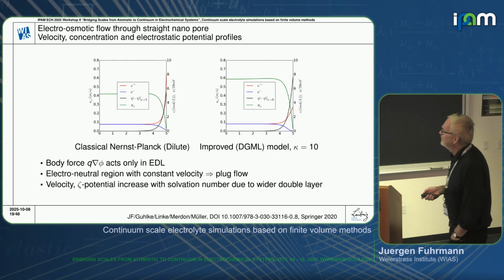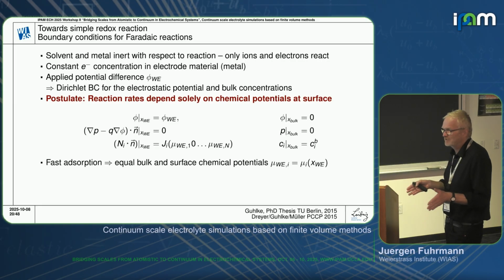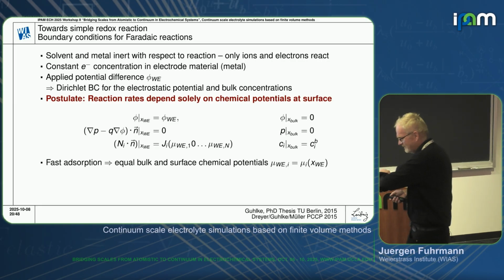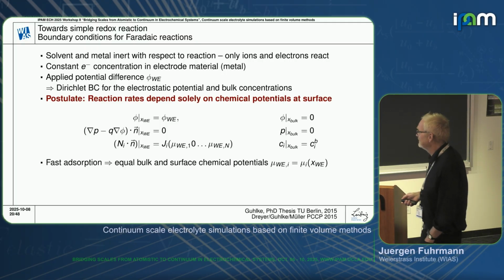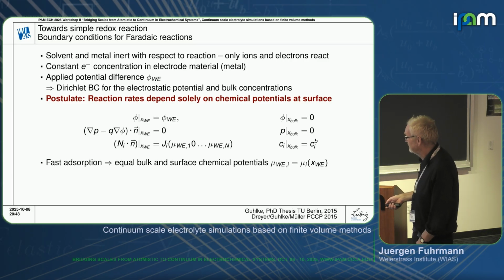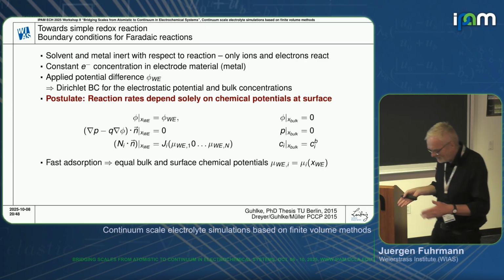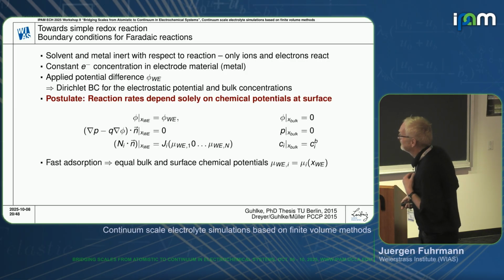Okay, so this all assumed that we don't have reactions. Now let's try to introduce reactions. I will see how much time I will have for this. Basically, there are a couple of papers of Wolfgang Dreyer and also Manuel Landsdorfer and colleagues, which try to introduce surface reactions in a thermodynamically consistent way.